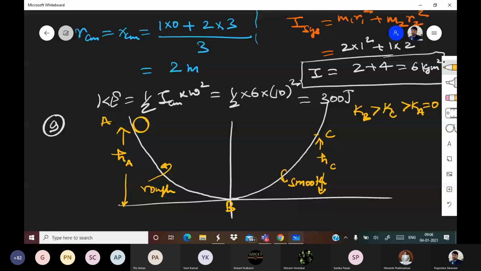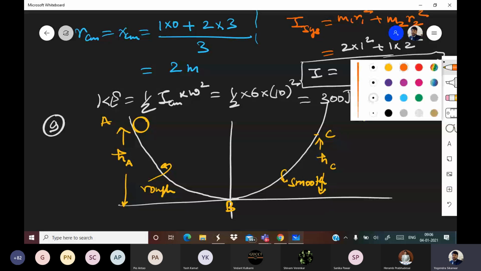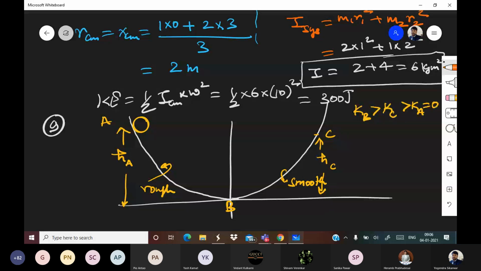At A, listen carefully. Whatever the potential energy is at A, it is getting converted into kinetic energy at B. So whatever is mgh_A at B point, it is getting converted into half m v_B square plus half I omega square, and you can call it omega at B. Okay.